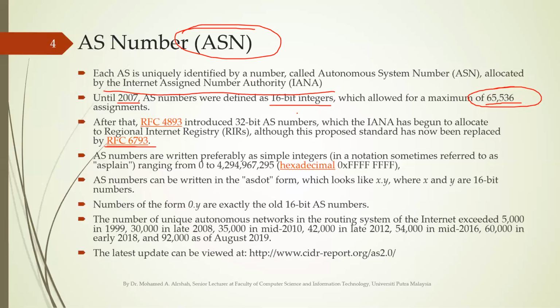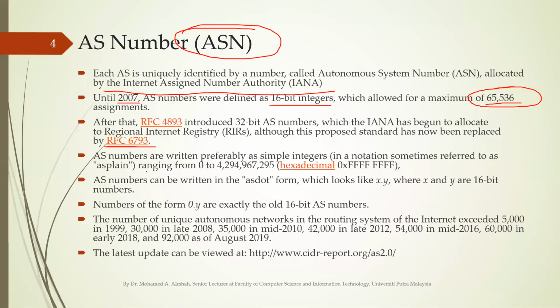65,536 networks. Then after that, they expanded to become 32. Then after this expansion, the numbers are written preferably as simple integers. So if we write these numbers as simple integers, they call it AS plain.